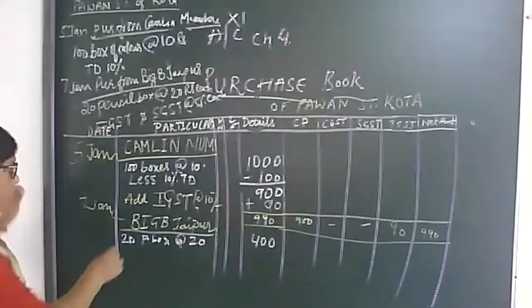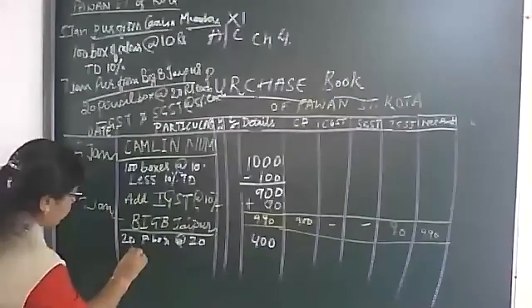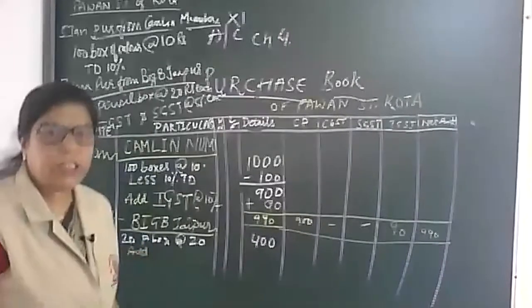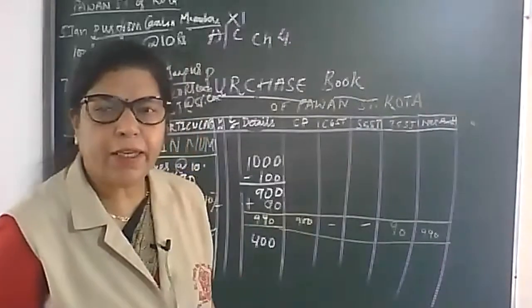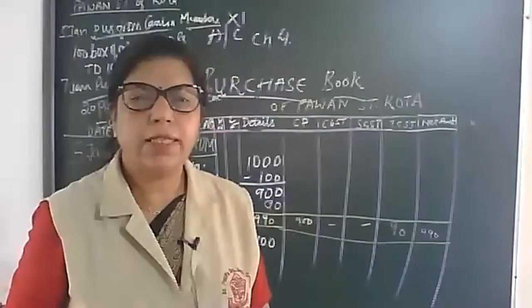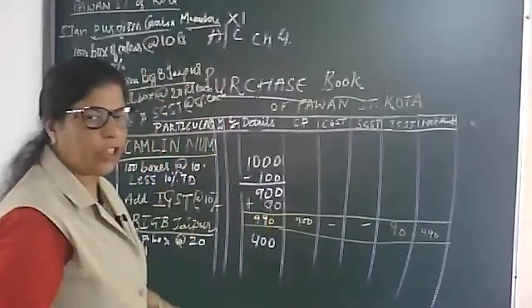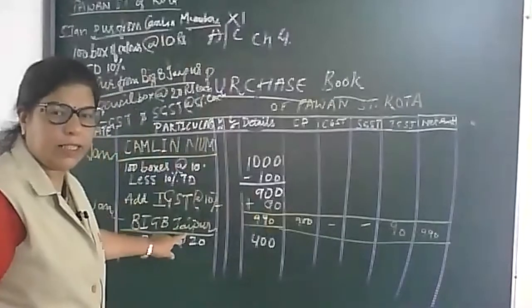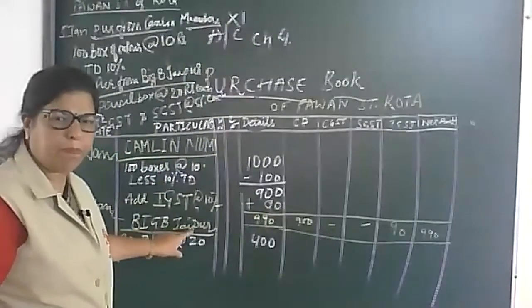Now add. Which tax will be applicable here? CGST and SGST, because this is the transaction with Jaipur.